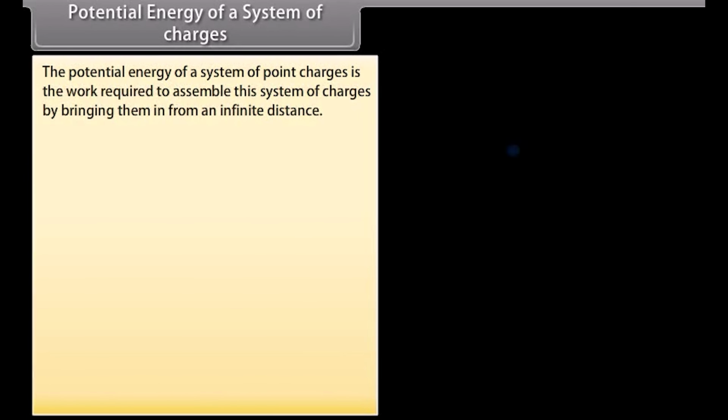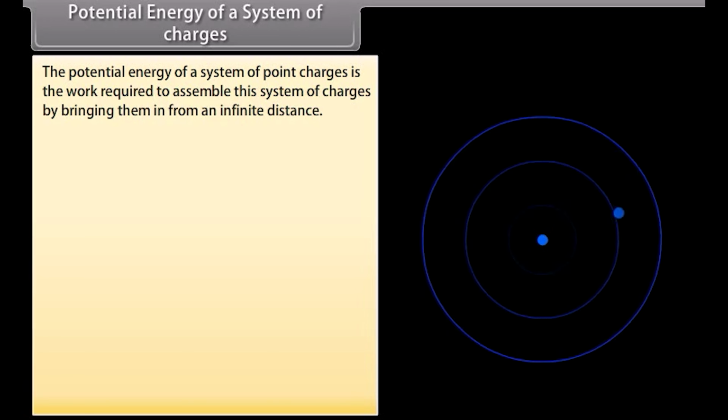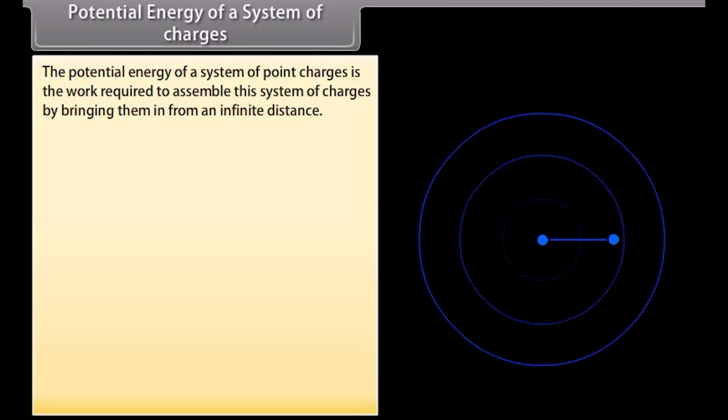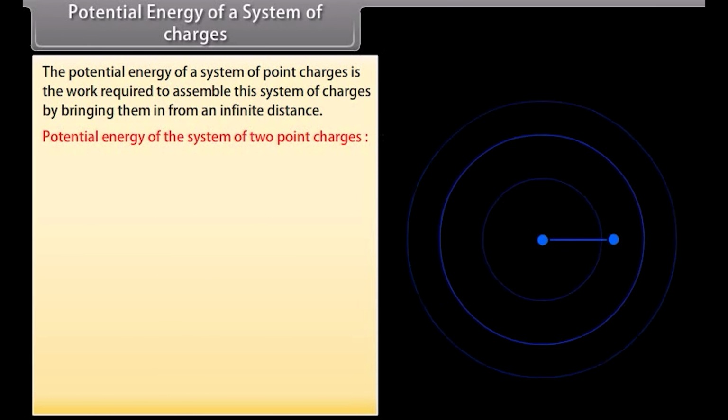Potential energy of a system of charges. The potential energy of a system of point charges is the work required to assemble this system of charges by bringing them in from an infinite distance. Potential energy of the system of two point charges.